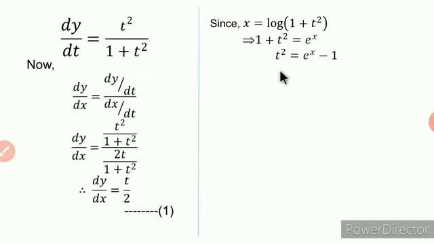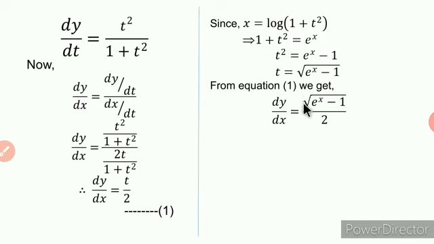And so from this t is equal to square root of (e raised to x minus 1). Now put this value of t in relation 1. So from equation number 1 we get dy by dx is equal to square root of (e raised to x minus 1) divided by 2. This is our required proof, or required answer.